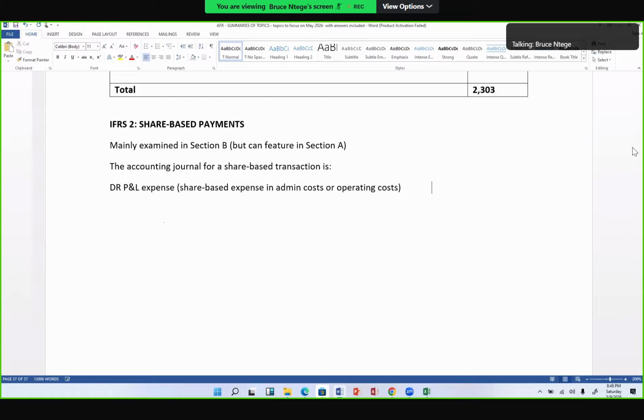So you have that figure there, and the credit is the big problem, the issue. IFRS 2 is major around the credit.